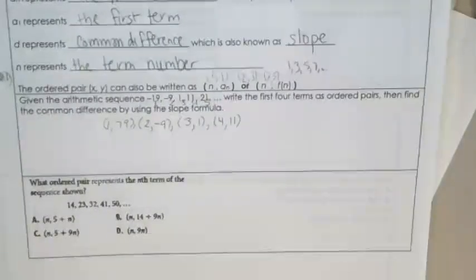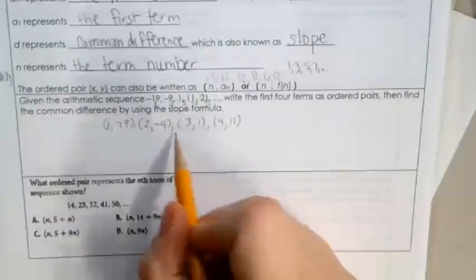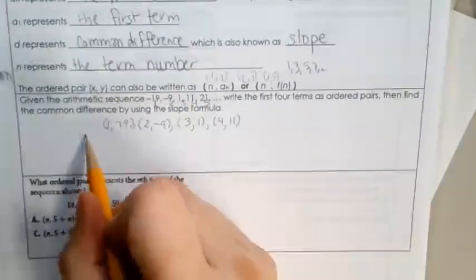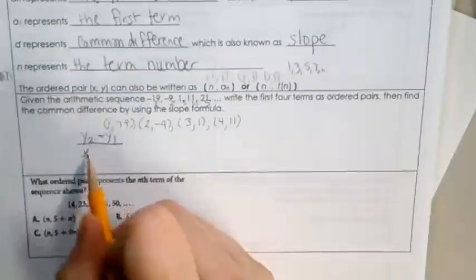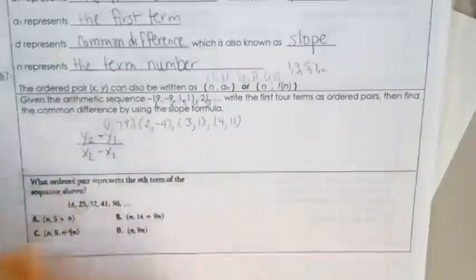Then it says use the slope formula. Well, the slope formula can be used to find the rate of change or slope between any 2 points on a line. So I get to choose my favorite of those points, and I like positives. So I'm going to choose these 2 points. Remember, slope formula is y sub 2 minus y sub 1 over x sub 2 minus x sub 1.